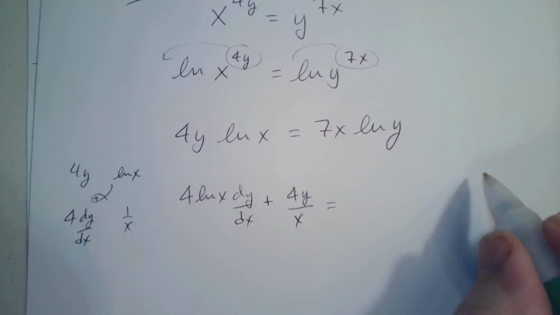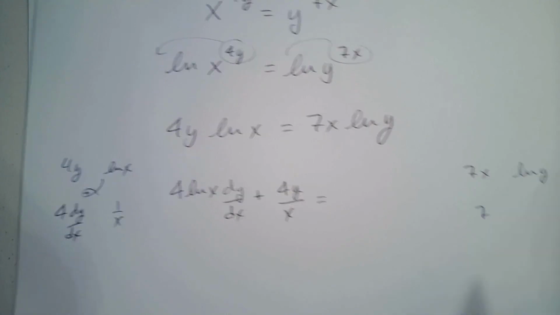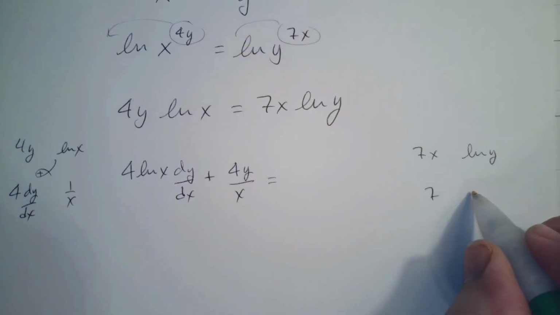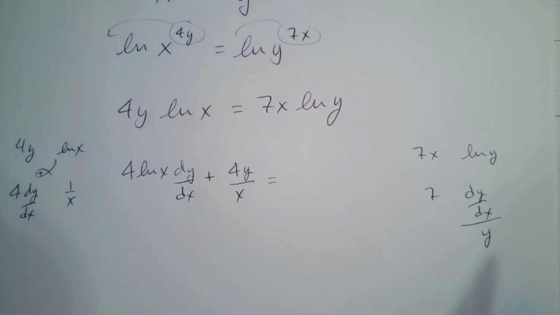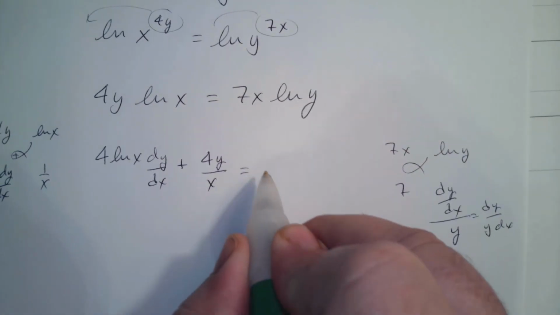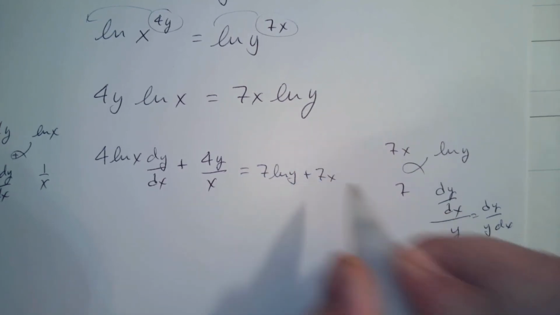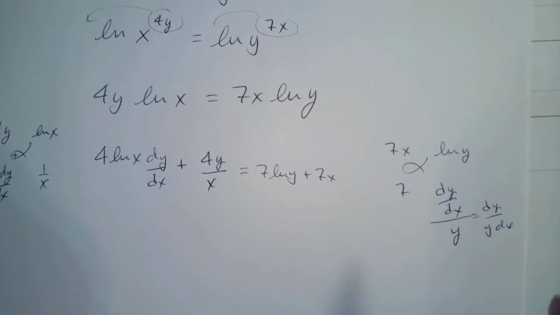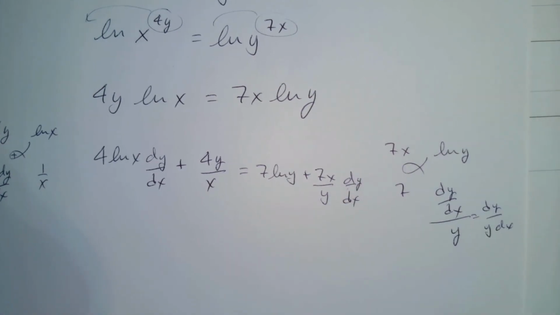Same thing on the other side. 7x ln y. Derivative of 7x is 7. Derivative of ln y is dy/dx over y. So it's 7 ln y plus 7x over y dy/dx.